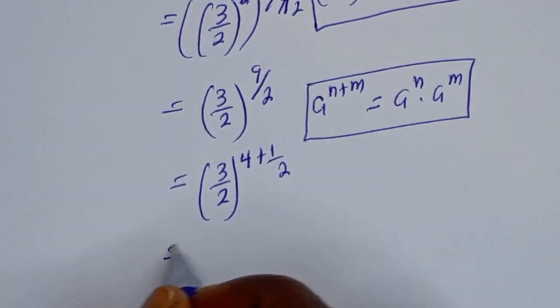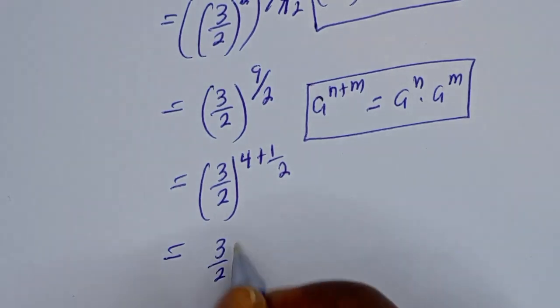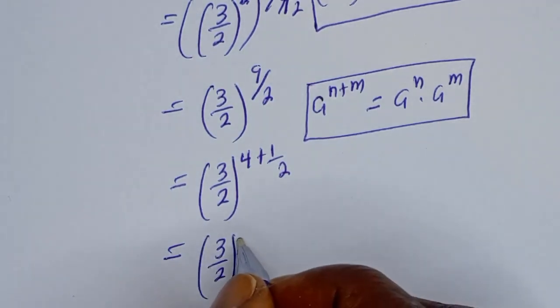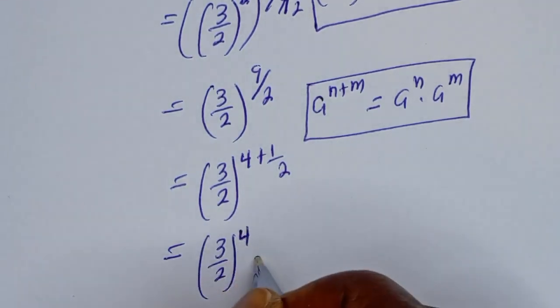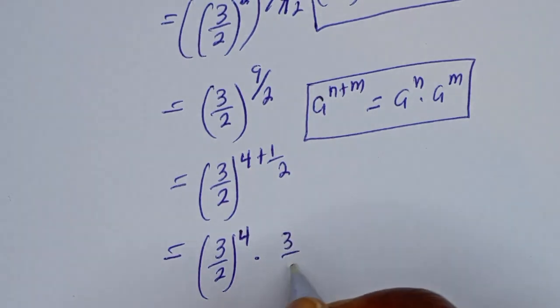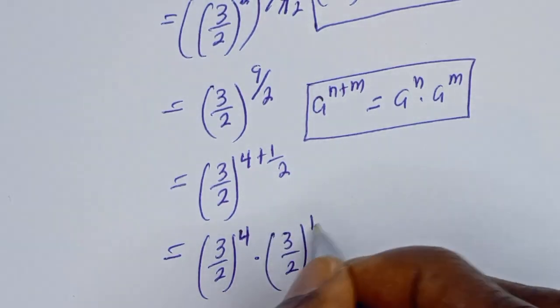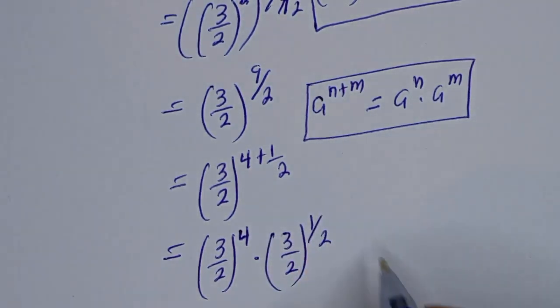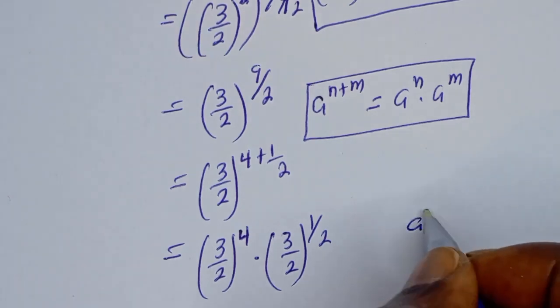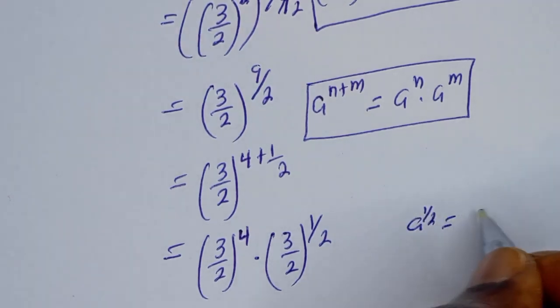Then here is (3/2) to the power of 4 multiplied by (3/2) to the power of 1/2. Now, if you have a raised to power 1/2, this is equal to the square root of a.